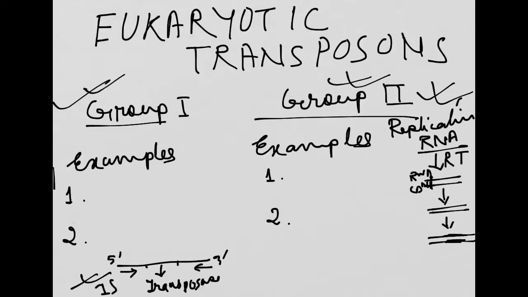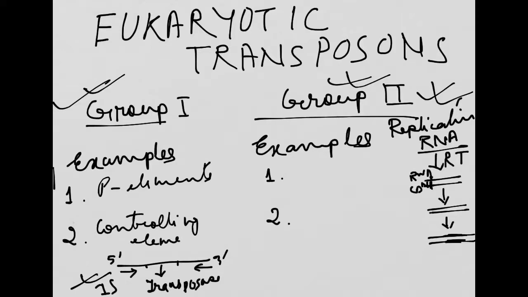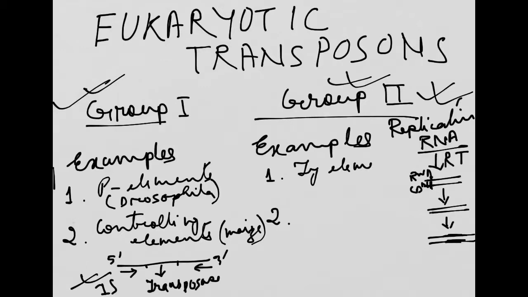Okay, so examples of group 1 include P elements in Drosophila and controlling elements in maize. Examples of group 2 include TY elements in yeast and ALU sequences in human.